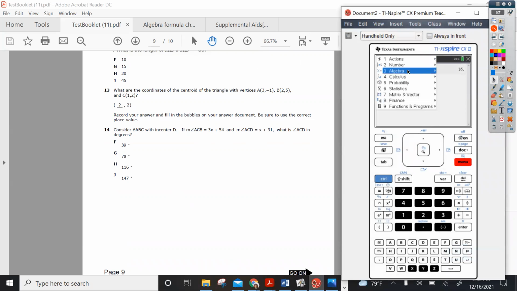So menu, algebra, numerical solve, 3x plus 54 equals x plus 31, comma x. I think I typed in something wrong. I think I messed up in there.